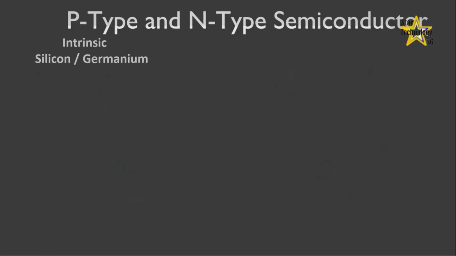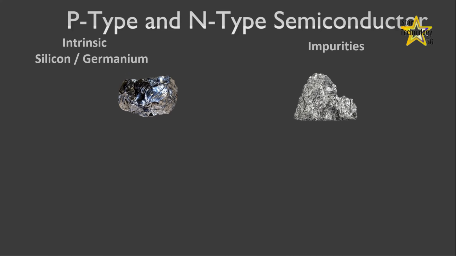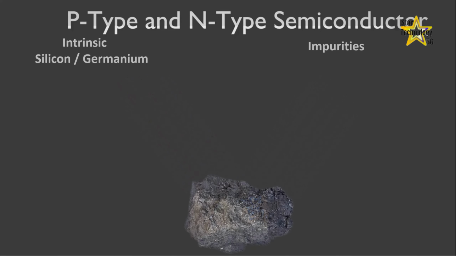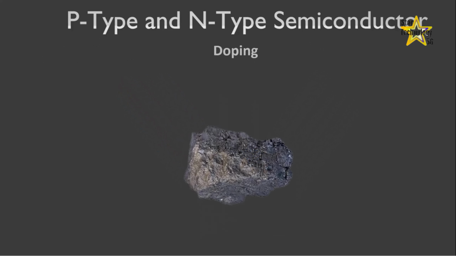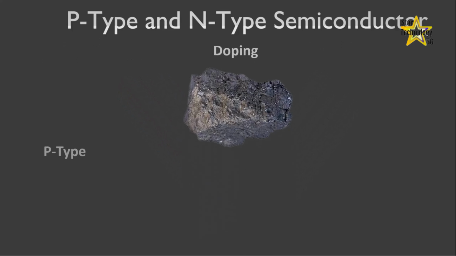Intrinsic silicon, or germanium, must be modified by increasing the number of free electrons or holes to increase its conductivity and make it useful in electronic devices. This is done by adding impurities to the intrinsic material. This process is called doping. This process introduces two types of impurities, p-type and n-type.